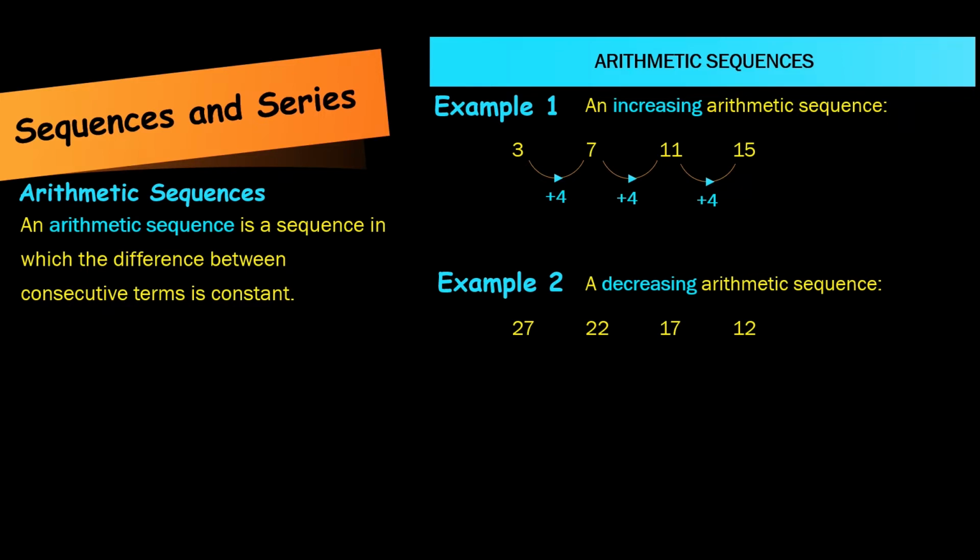A decreasing arithmetic sequence example is 27, 22, 17, 12 and so on. Notice that this sequence is decreasing by 5 each time. So we're subtracting 5 to get to the next term.